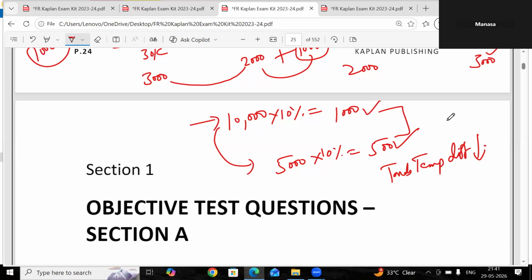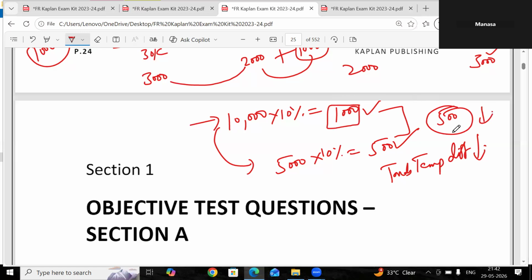Now I can say deferred tax credit, but I don't want to use such terms. I can very simply say my tax liability, or the future taxes I need to pay, was 1,000. Now I need to pay 500. My tax payment has reduced by 500. It is reducing my tax expense.